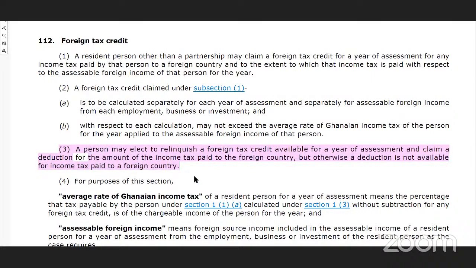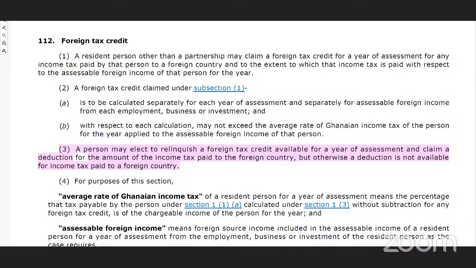So in Ghana, it means that so far as you pay tax in a foreign country, you can only get a credit or exemption for it. The only time a deduction is given is in the case of relinquishment. When you want to kill the credit by opting for a deduction rather than a credit.